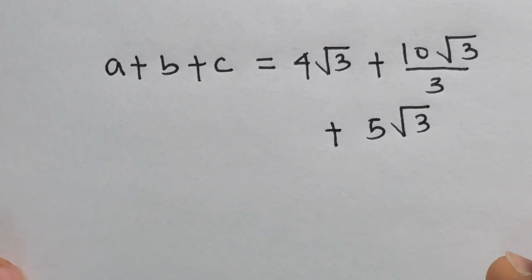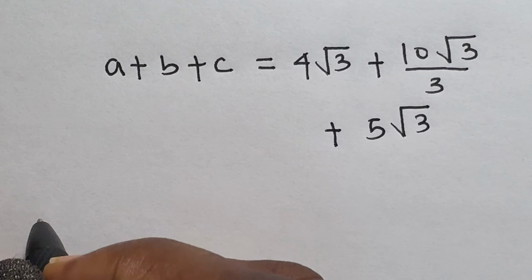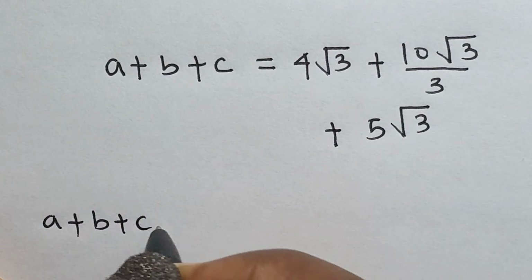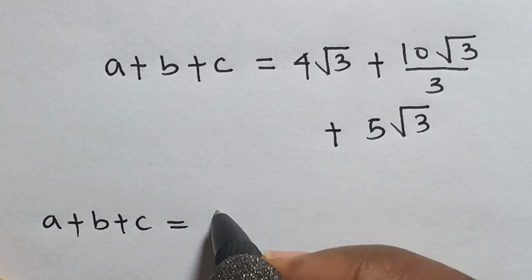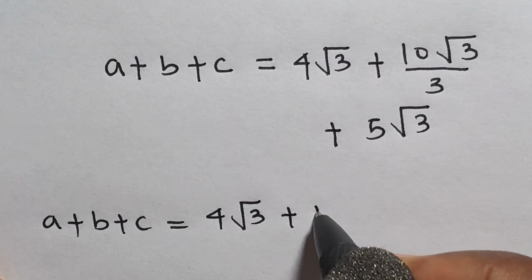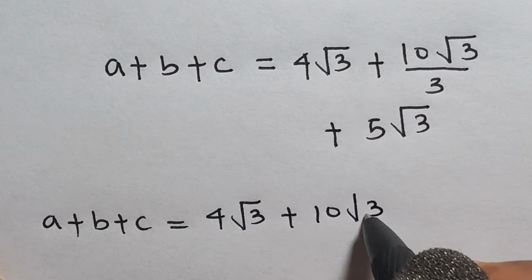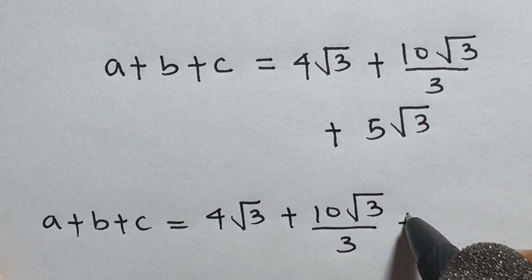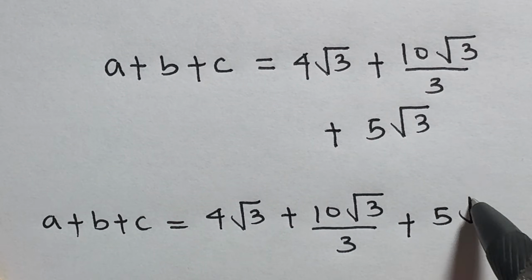I'm going to put them on a straight line so that we can find the LCM. A plus B plus C is equal to 4 root 3 plus 10 root 3 over 3 plus 5 root 3.